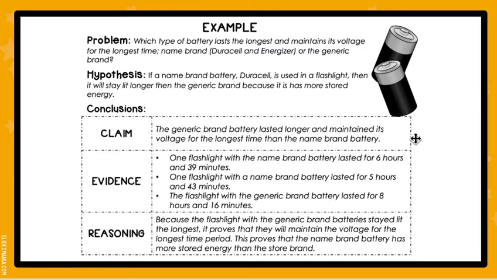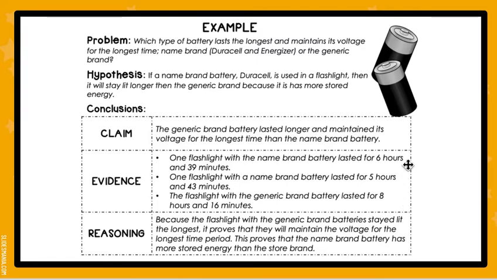And right here, the result is that the generic brand battery actually lasts longer than the name brand battery. Next, evidence. Right here, there are 3 data that we have. Notice right here, there is no explanation in this part. It's just stating the specific data from what you collected from your experiment.